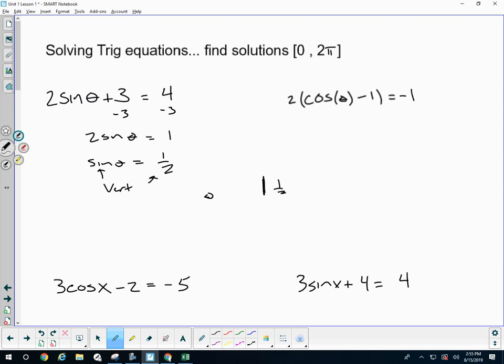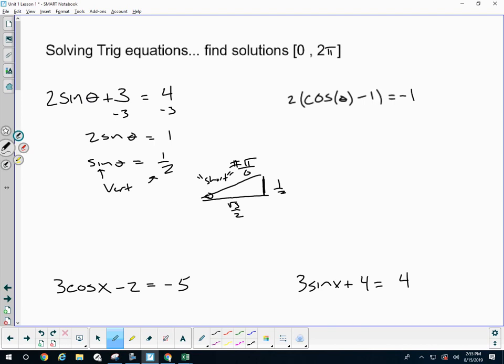I know a triangle whose vertical side length is 1/2. It is a 30, 60, 90 triangle whose horizontal side length is √3/2. This is a pi/6 triangle, or a short 30, 60, 90 triangle.